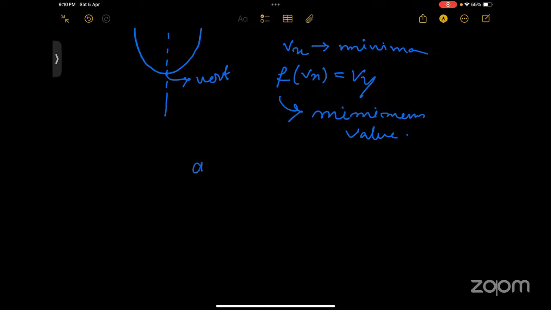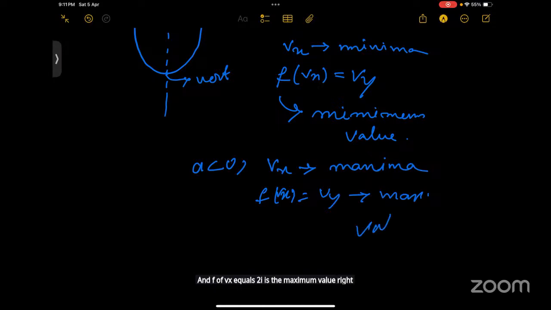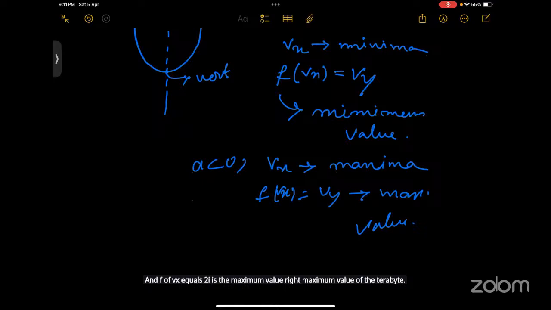And if a is less than 0, then Vx is the maxima, and f of Vx, which is Vy, is the maximum value of the parabola. So these are the things we have.